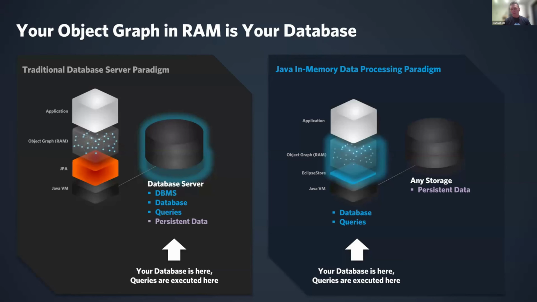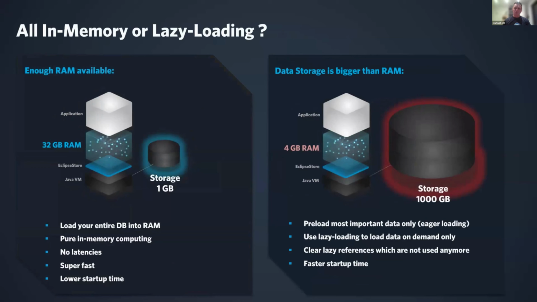It's in memory. So traditional in-memory databases run in memory, and mostly you have to load the whole database in the memory. With EclipseStore, you can do that. It's recommended if this is possible. This is the fastest application you can build. You have all data in memory, but this is not required.